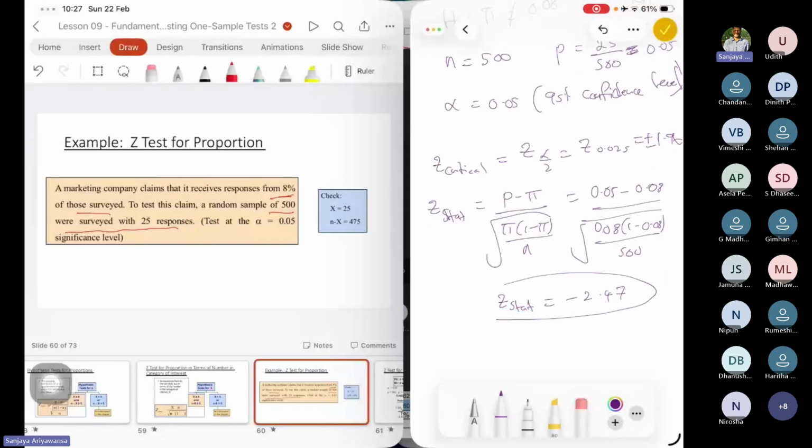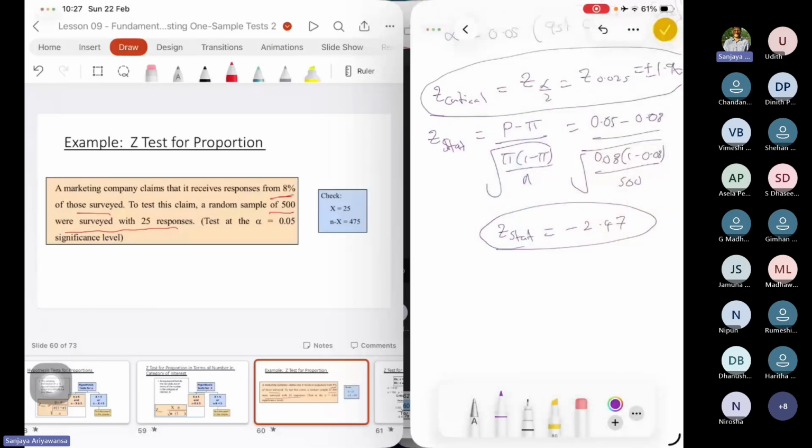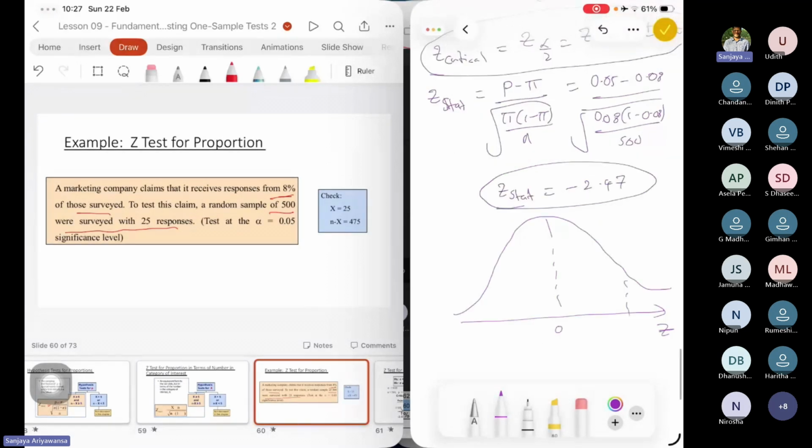So what are we comparing? We are going to compare this value against this Z critical value. So if we visualize it, remember it's the Z distribution, the standard normal distribution. Our two critical values, minus 1.96 and plus 1.96.